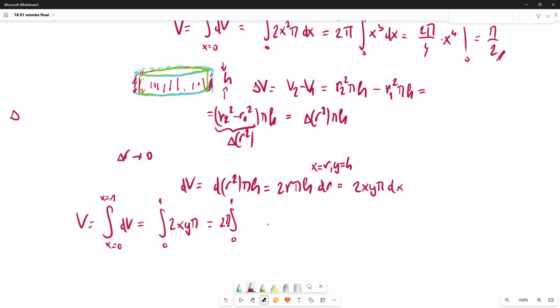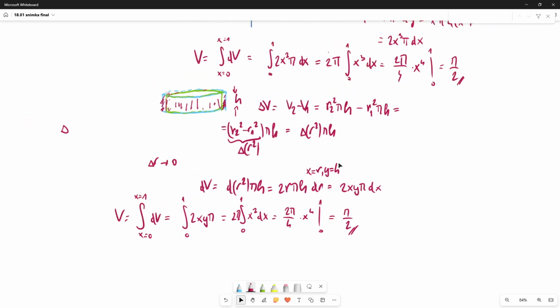We have x times x squared, that is x to the power of 3 dx. So this is 2 pi over 4 times x to the power of 4, where x goes from 0 to 1, which is equal to pi over 2. We obtain the same result with a bit different method.